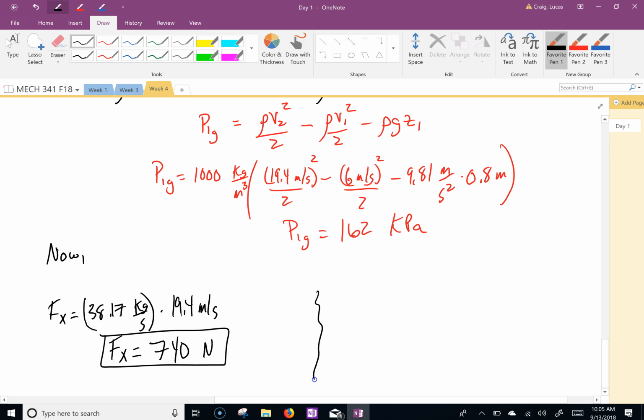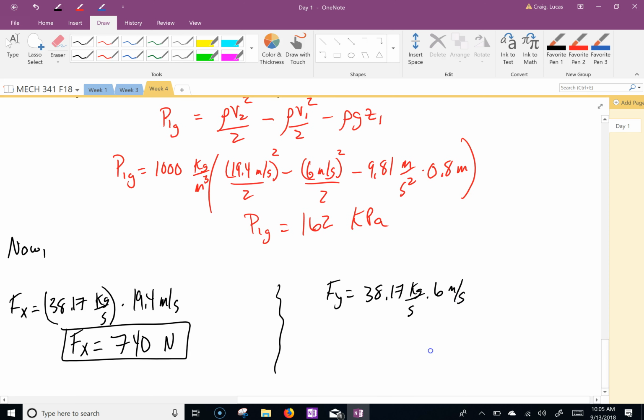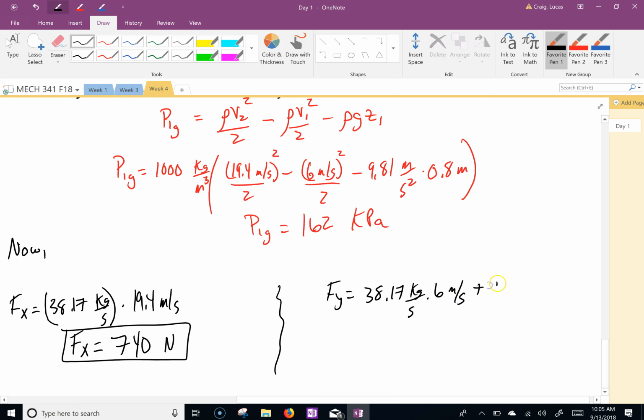And I'll do the y direction. 38.17 kilograms per second times 6 meters per second, plus 162 kilopascals times 0.0064 meters squared. 1268 newtons.